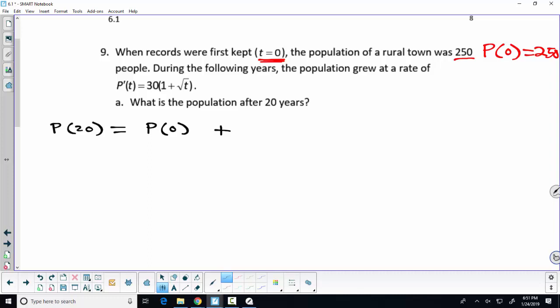Plus the integral from 0 to 20 of, we flip back one page? 30. Yeah, P prime, great.